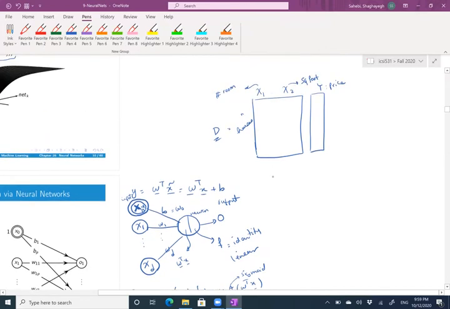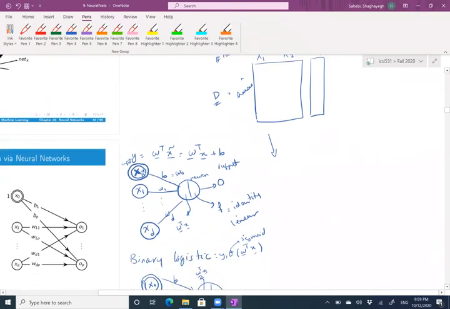What we are going to have as our input layer is X0, which is always 1. Then we are going to have X1, which is our number of rooms, and X2, which is square footage.